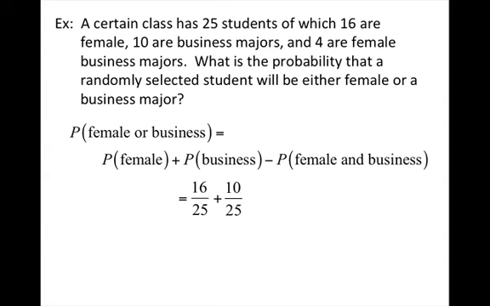Well, those 4 females were counted when I found the probability for females, and they were also counted when I found the probability for business majors. So those 4 people have been counted twice, so I need to subtract them out once. If I combine these fractions, I get the probability of a female or a business major is 22 out of 25.